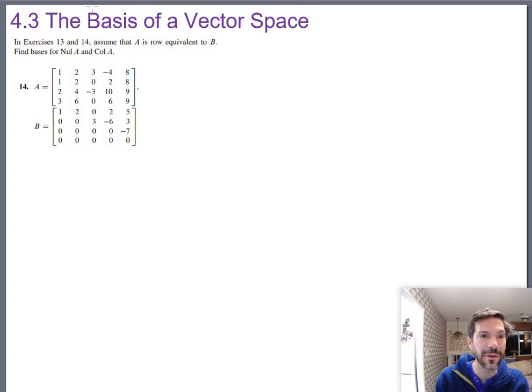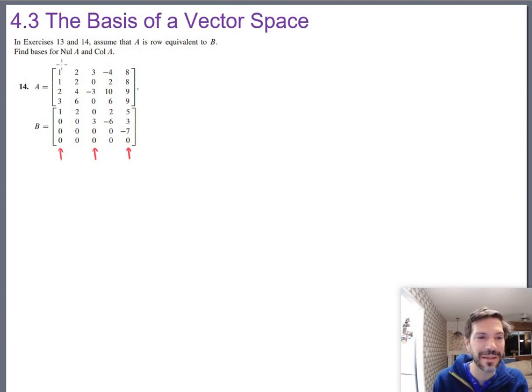Let's take the basis for the column space first of all. And let's just point out that the basis for the column space is the pivot positions. So there's a pivot position there, there, and there. So a basis, and be careful here, the basis for the column space is not these reduced vectors. They just tell you where the pivot positions are.